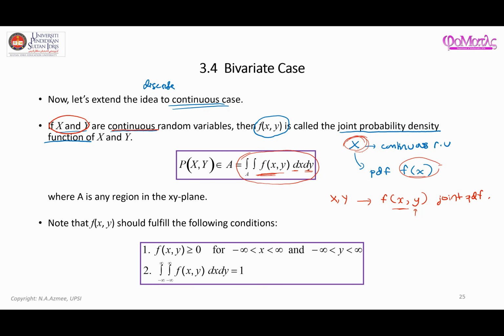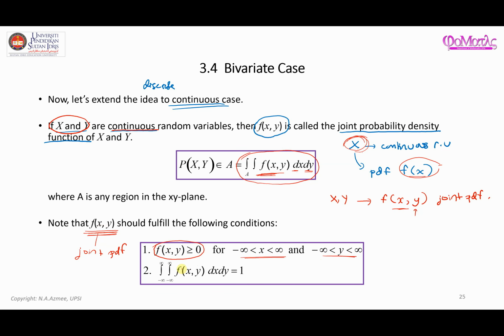Similar to the ideas given in the discrete case or the continuous case for one single variable, for this to be a joint probability density function, its value must be greater than or equal to 0 for any x and y between negative infinity and infinity.